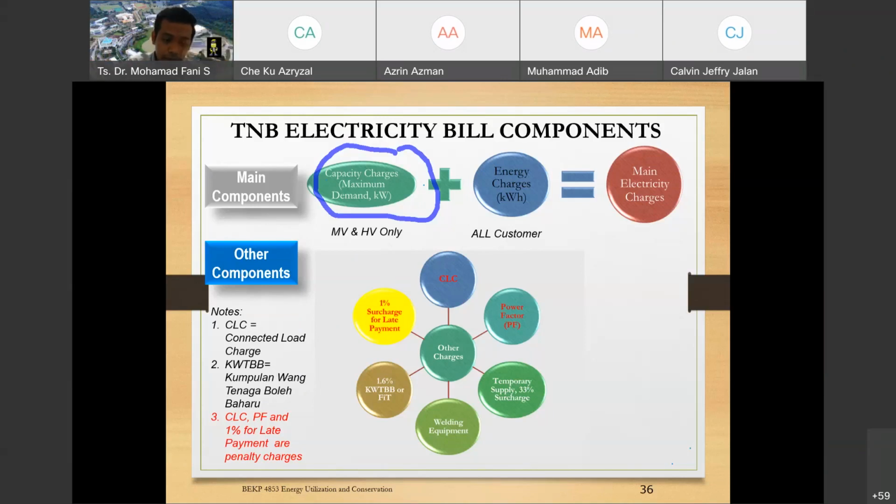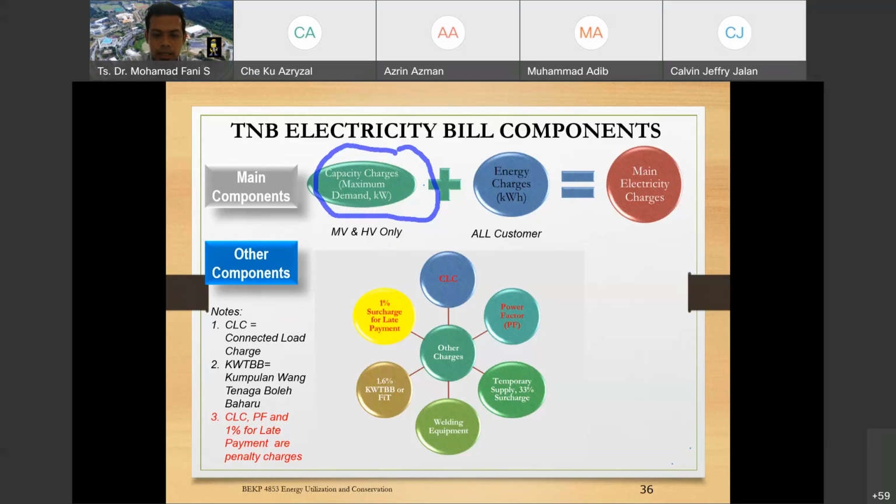From this money, the government has invested in the infrastructure for RE to be developed in Malaysia, and also supports many programs, especially through SEDA, the Sustainable Energy Development Authority, to introduce more programs related to renewable energy.